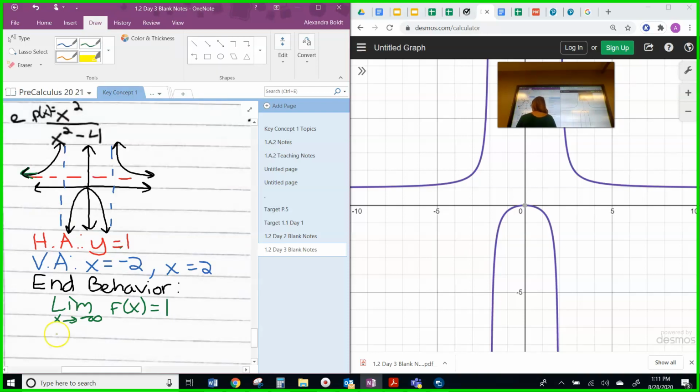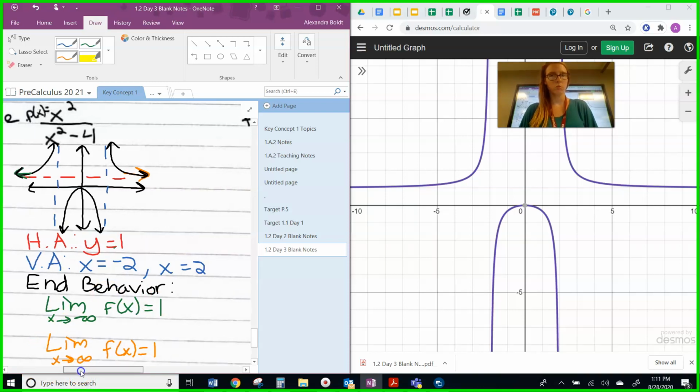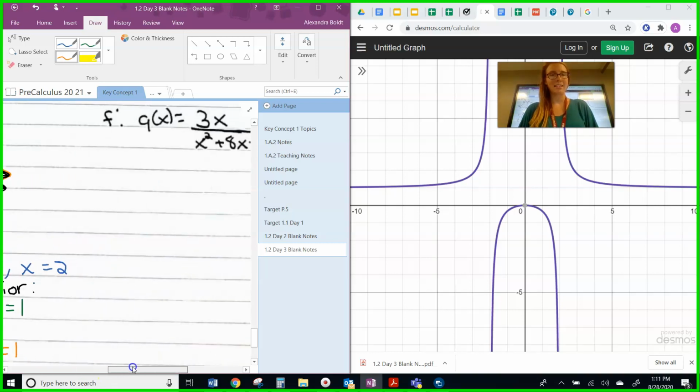What's happening on the right? Well, same idea. It's getting closer and closer and closer to that line, which is at 1. Okay. All right, last example.